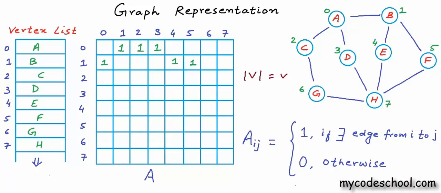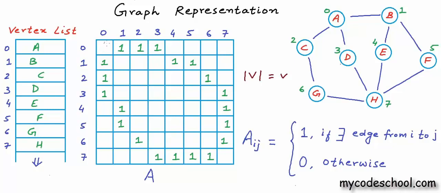So 1st row and 0th column should also be set as 1. Now let's go to node 2. It's connected to 0 and 6. 3 is connected to 0 and 7. 4 is connected to 1 and 7. 5 once again is connected to 1 and 7. 6 is connected to 2 and 7. And 7 is connected to 3, 4, 5, and 6.